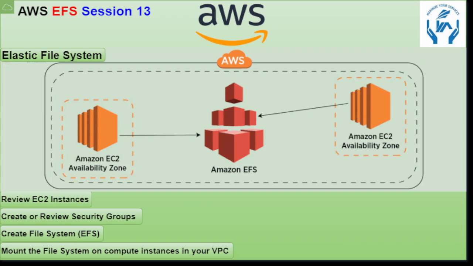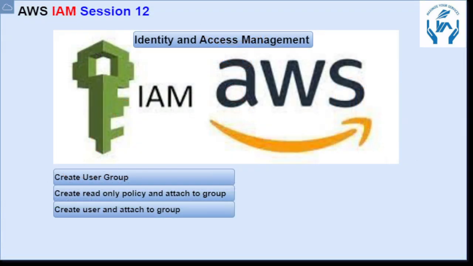Today we are going to do it in detail: how to create a group, assign some policies to that group, then create a user and assign the group to the user. So let's start the practical example.